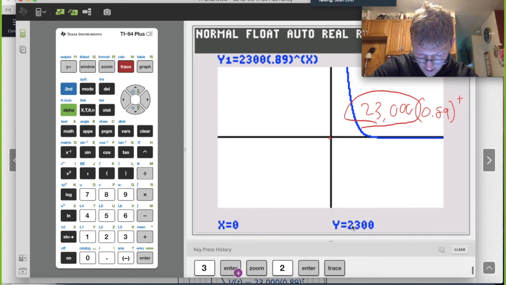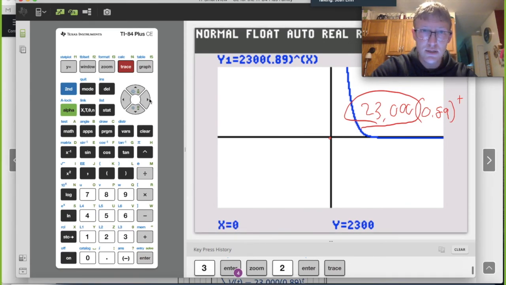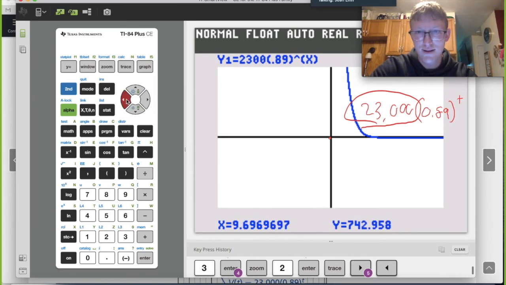Our y values are going to be the value of the car, and our x values are going to be time in years. Oh, I already passed it. That's what I get for not paying attention. Oh, no, I didn't.